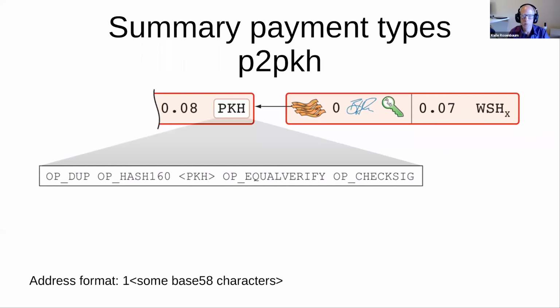This is the normal pay to public key hash, the first address format we encountered. It has a script in the pubkey script: OP_DUP, OP_HASH160, the public key hash, OP_EQUALVERIFY and OP_CHECKSIG. Then you have the signature and the public key in the input spending that output. These addresses look like 1 followed by a number of base 58 characters.